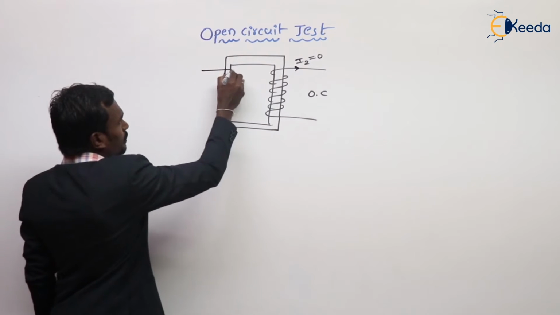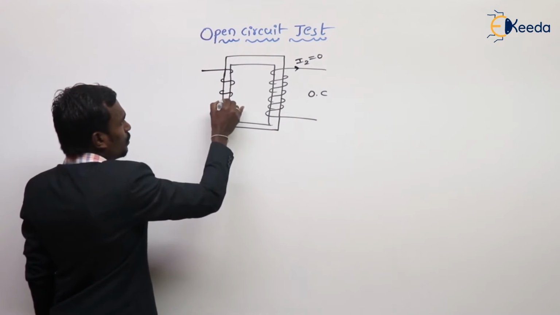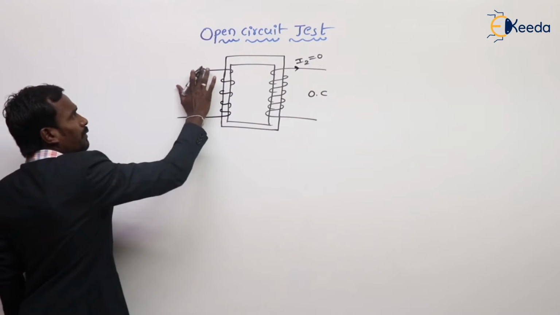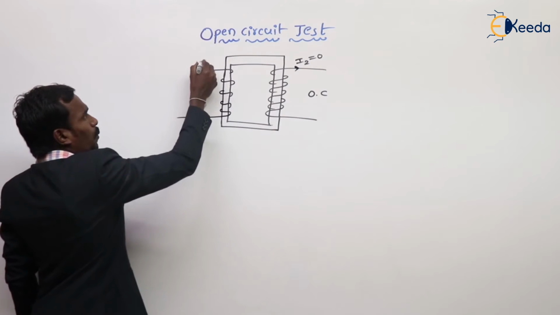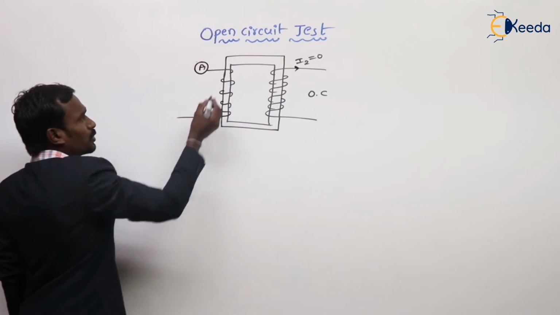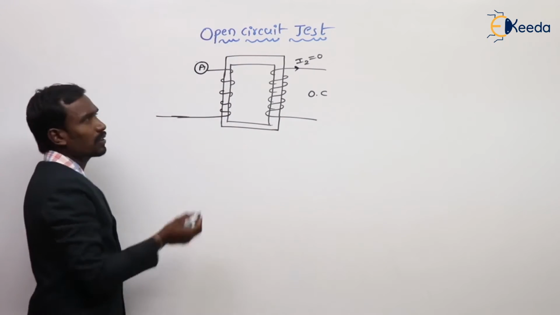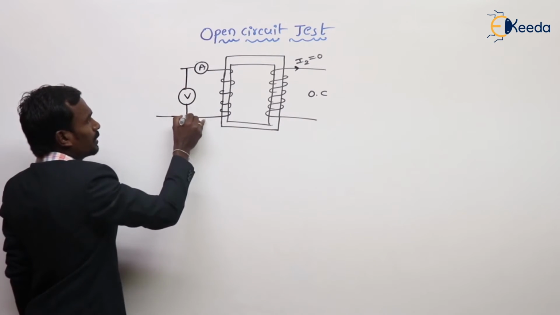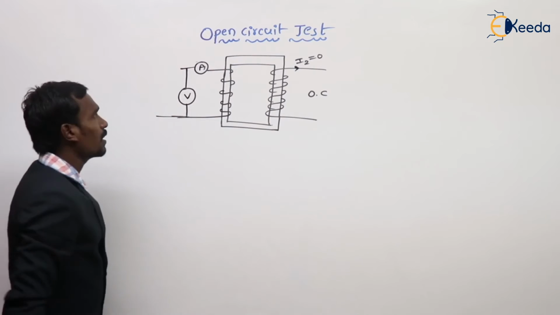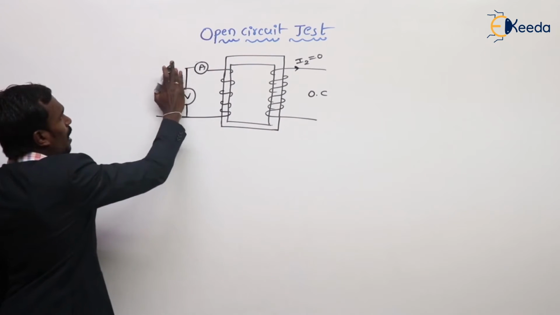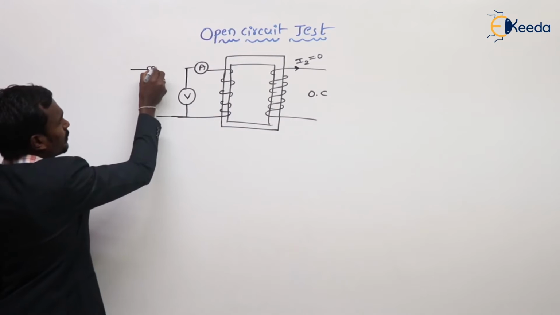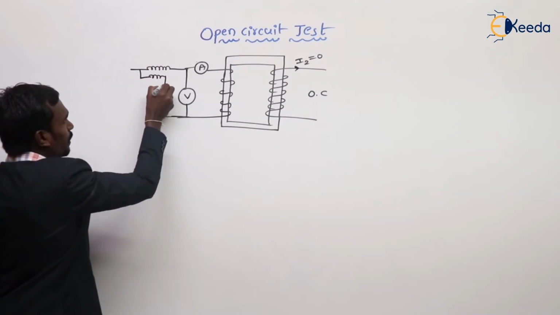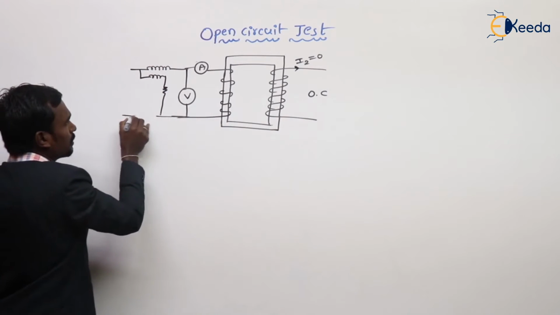And now this is my primary winding. In this primary winding, one ammeter is connected to know the current values, one voltmeter is connected to know the voltage values, and one wattmeter is also connected for power measurement.